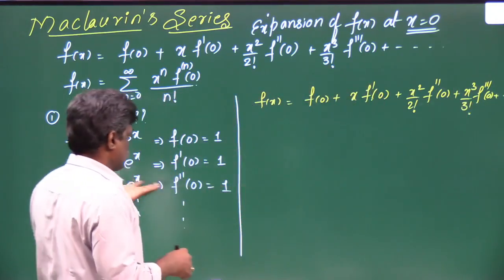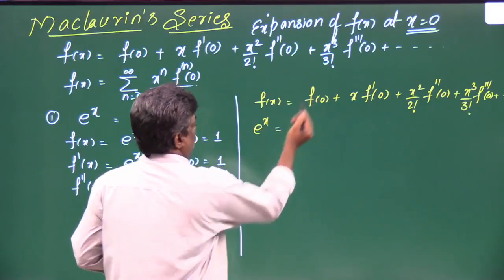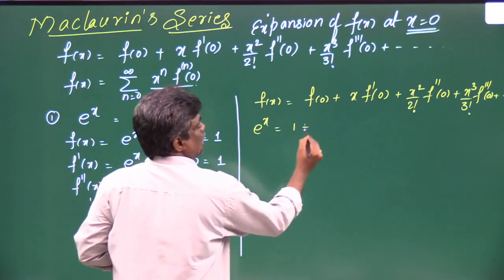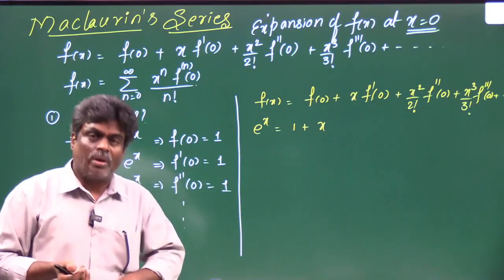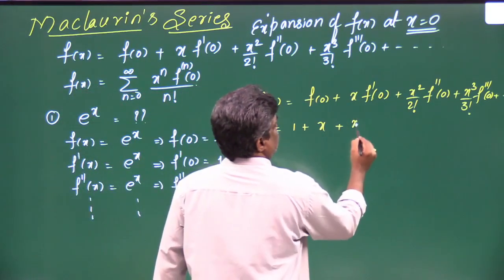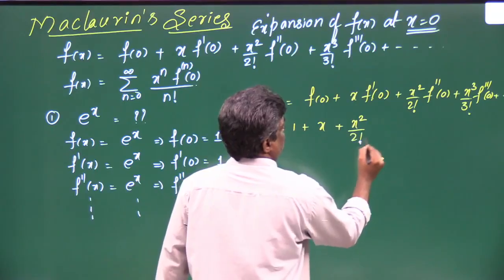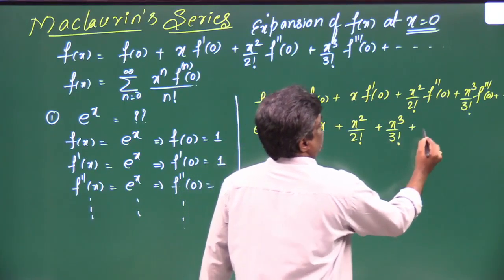Now just substitute whatever you got. f of x is e power x, f of 0 is 1, plus x, f dash of 0 is 1, f double dash of 0 is 1, f triple dash of 0 is also 1. That's why 1 plus x plus x square by 2 factorial plus x cube by 3 factorial plus so on.